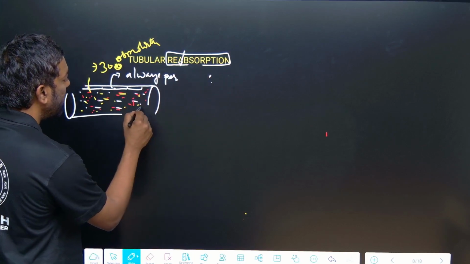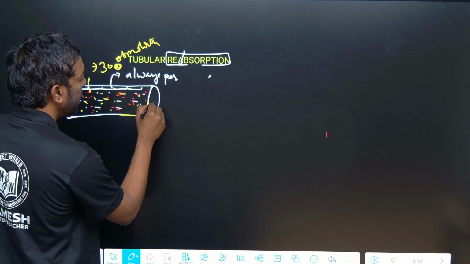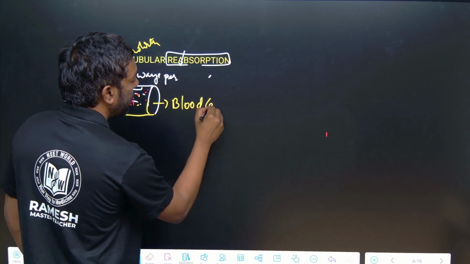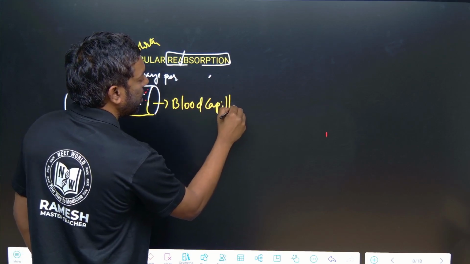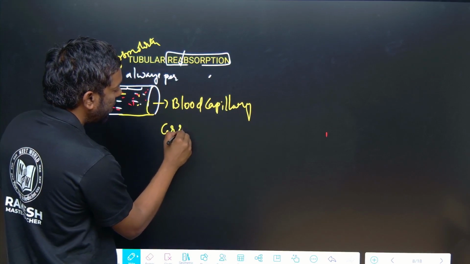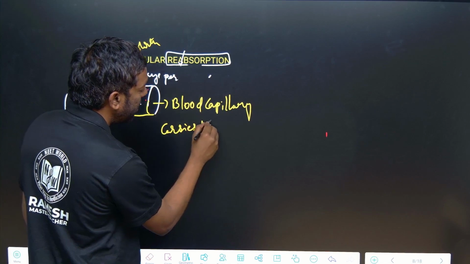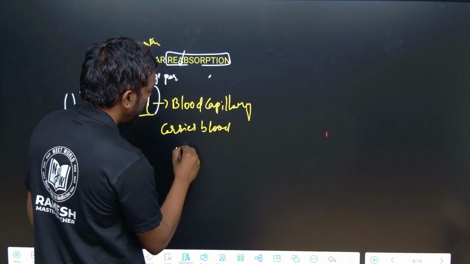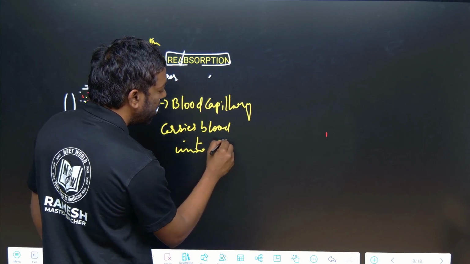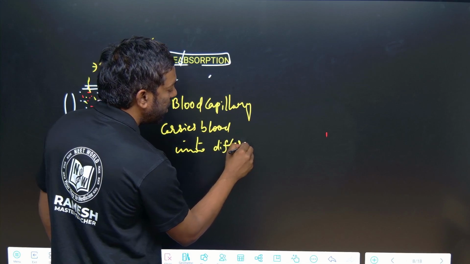The blood capillary carries blood into different organs or tissues in the body.